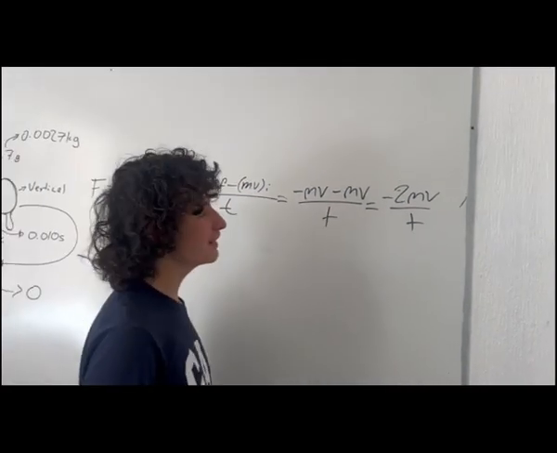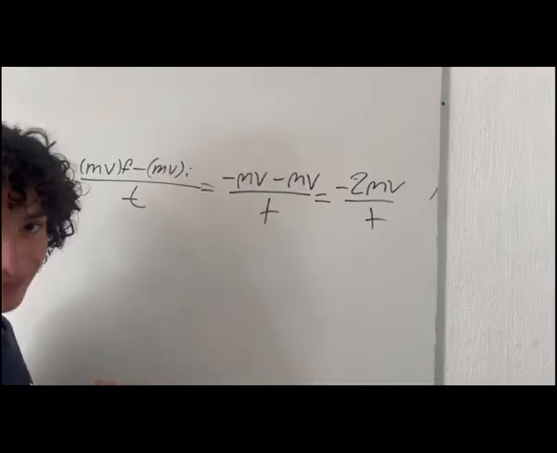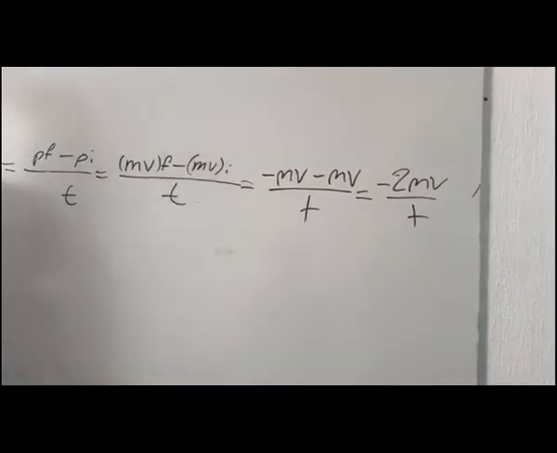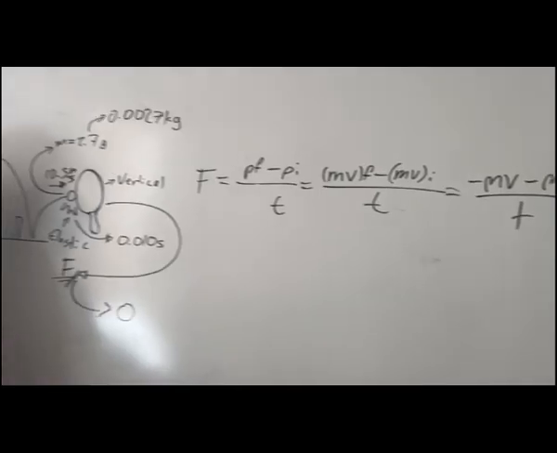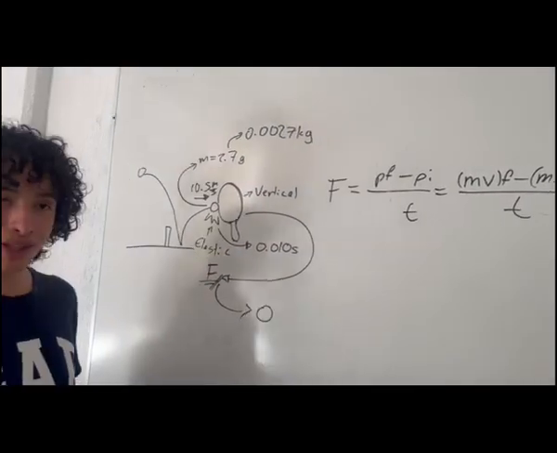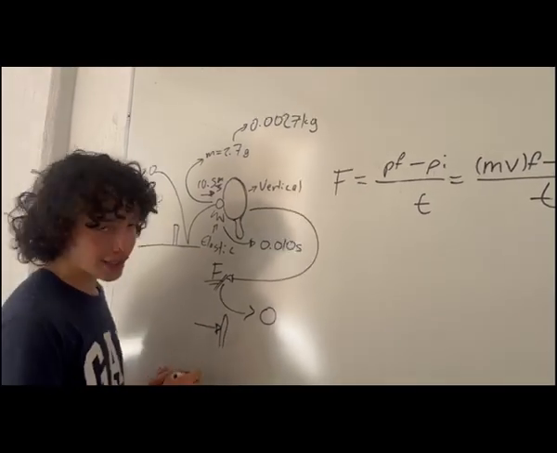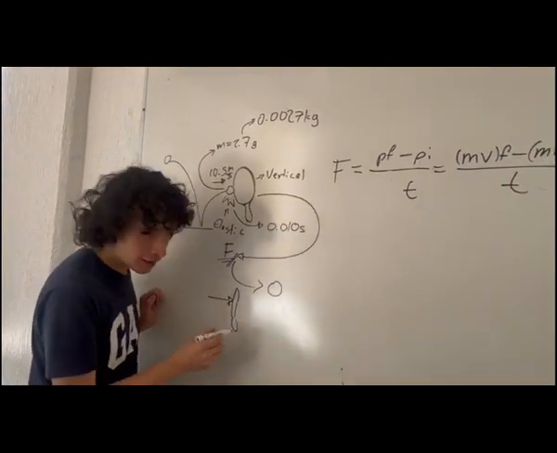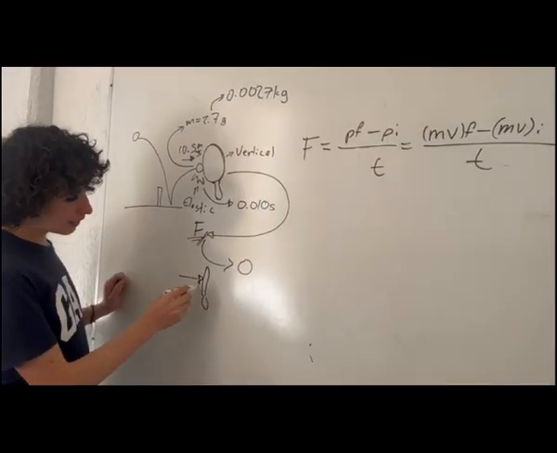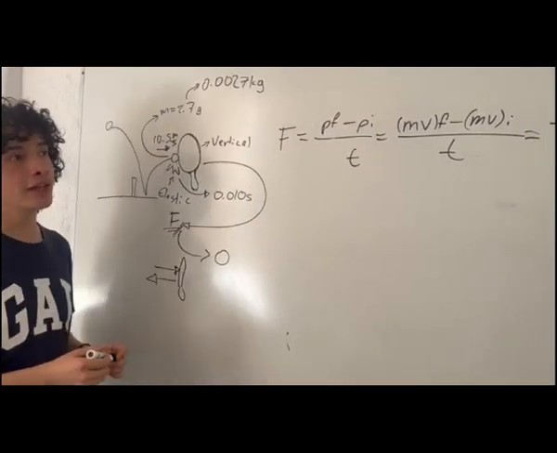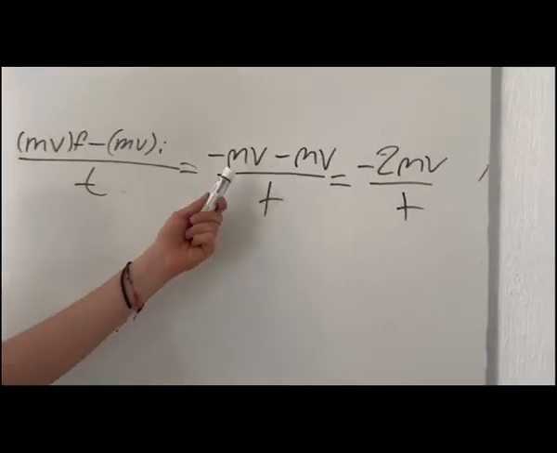As this paddle is completely vertical and the collision is completely elastic, the ball will impact the paddle at the exact same magnitude of velocity as it leaves the paddle. That's why it's the same value here.